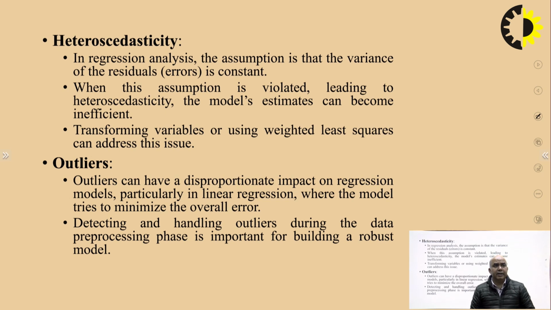Then another is heteroscedasticity, in which the regression analysis assumption about variance of the error is violated. When the assumption is violated, it leads to that problem. So for that we use the weighted least squares method in order to address that issue.